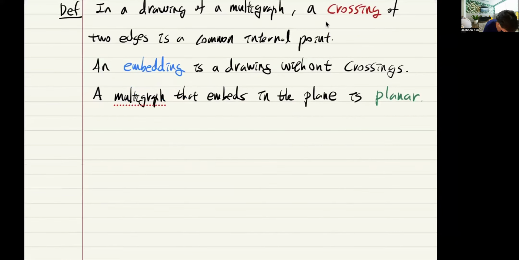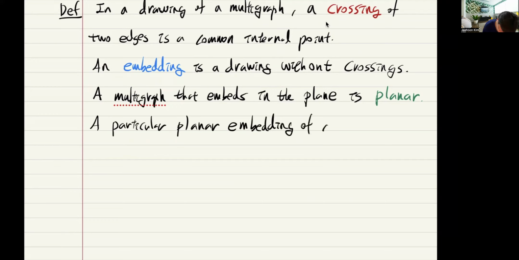And a particular embedding of such a multigraph into the plane is called a plane multigraph.